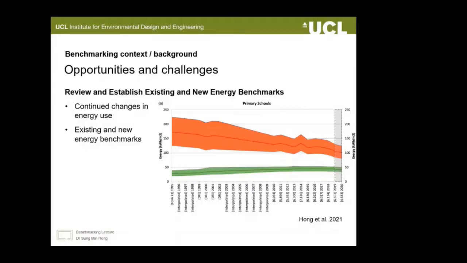Based on our previous and ongoing research, what we've realized is that there is a need to constantly review the benchmarks regularly to reflect the changes that happen over time. The graph on the right-hand side, for example, shows the change in energy intensity of primary schools in England.